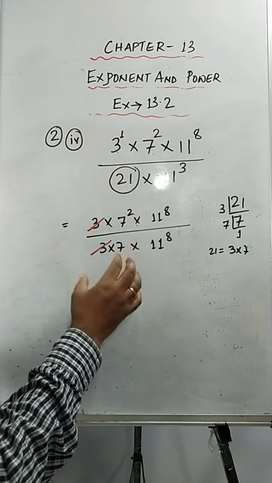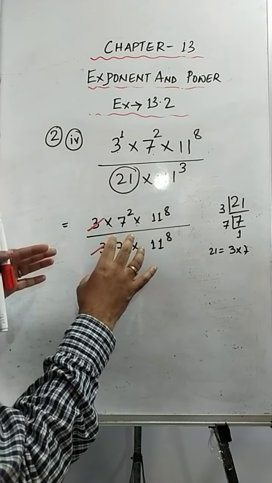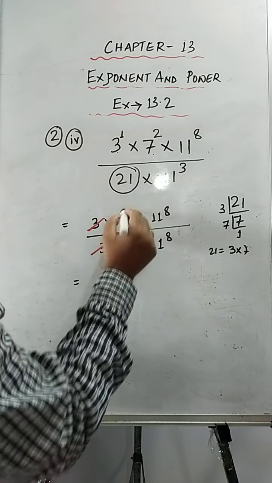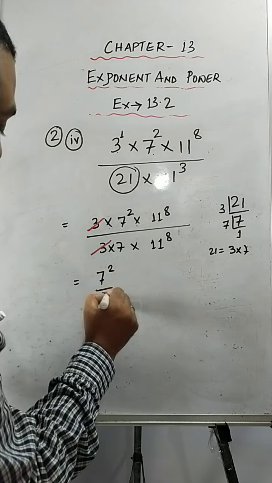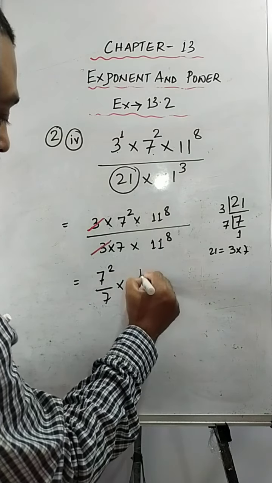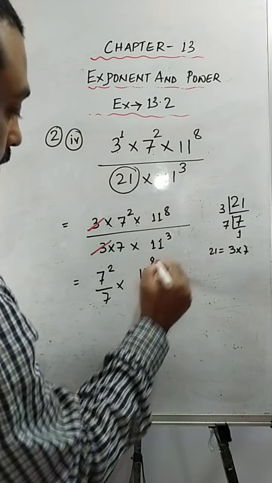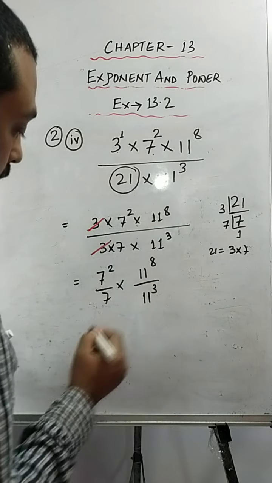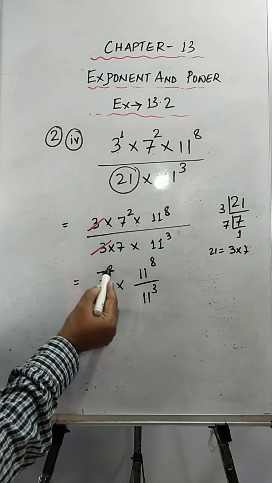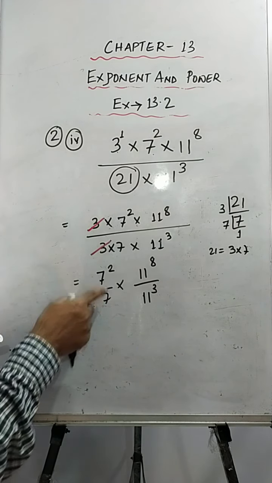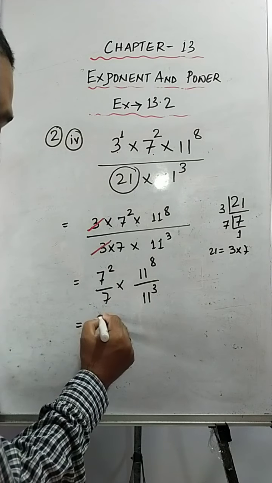Now we'll separate the exponential values with the same base. That means we'll separate these two because they're carrying the same base, and we'll separate these two also. Now as these two exponential forms are carrying the same base and they are in the division form, we subtract the powers, as we have learned.